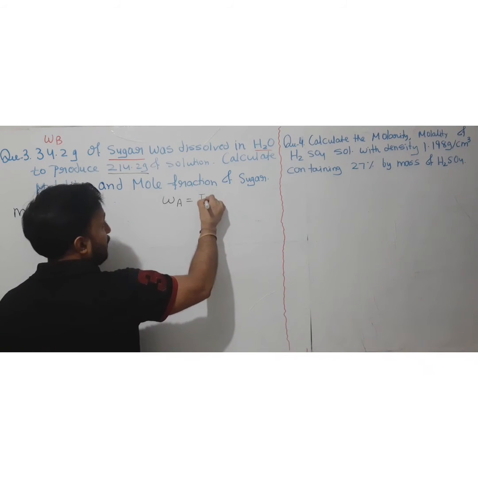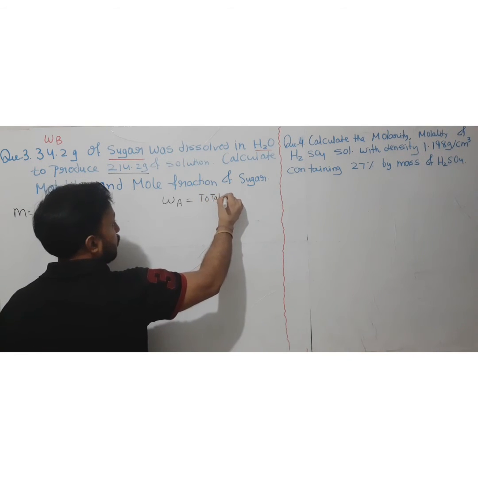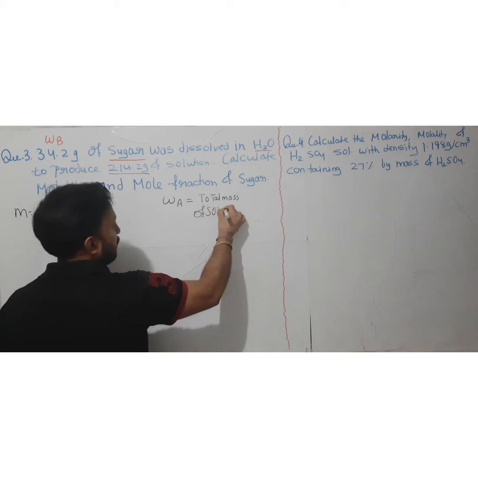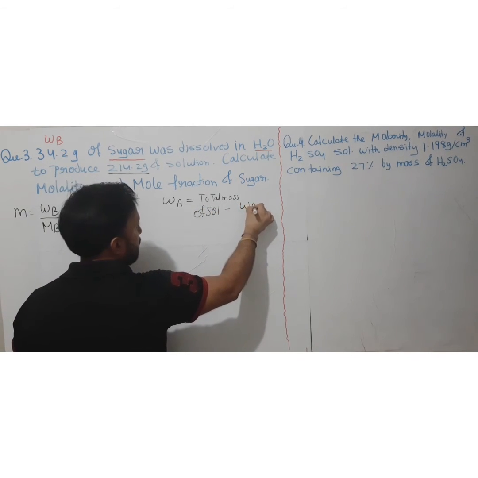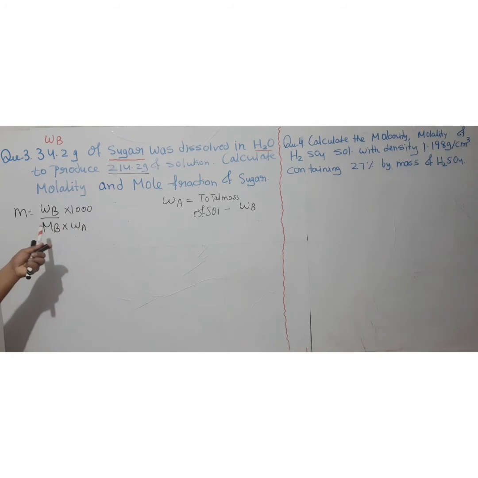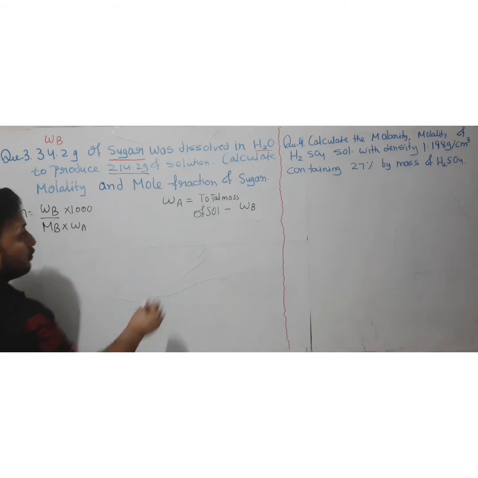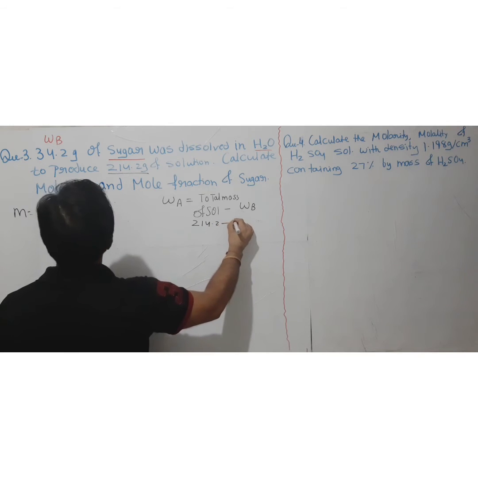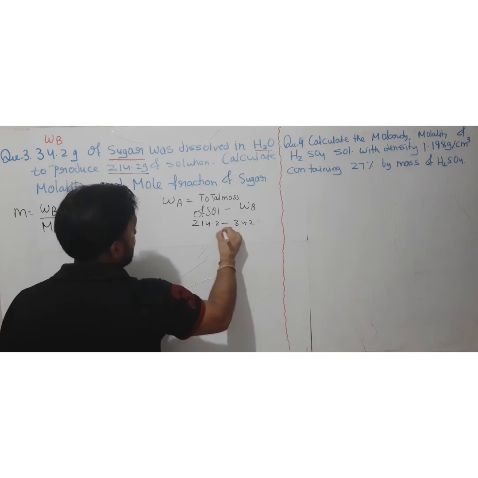So if we take the difference of the total mass of solution and WB, that is the solute, we can get the mass of the solvent. That is 214.2 minus 34.2, so it will be equivalent to 180 gram.